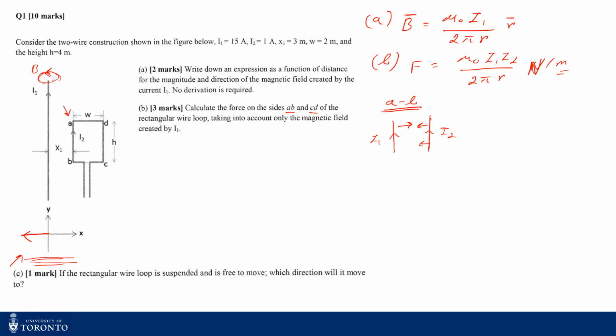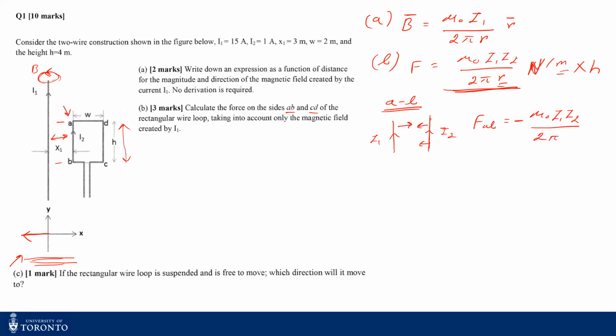And what's the dimension of AB? The length of AB is h. So per meter I have this much force, and the total force is per meter times the length, which is the height. So what's going to be my FAB? That's basically minus mu naught I1 I2 divided by 2 pi x1 times h, because the distance between the two wires is x1, which is 3 meters.